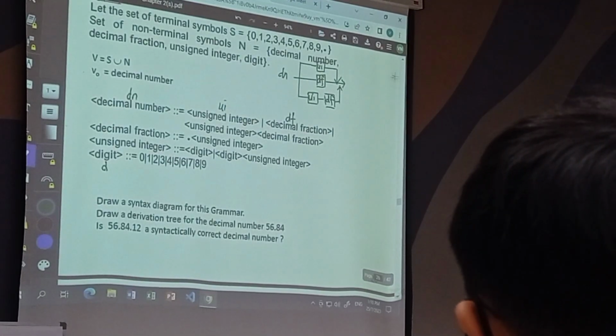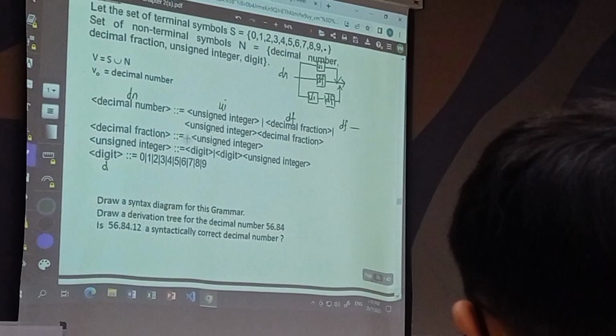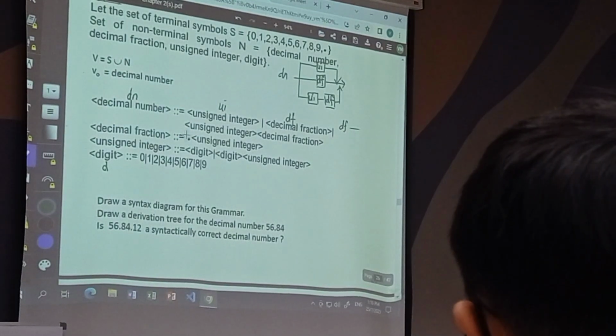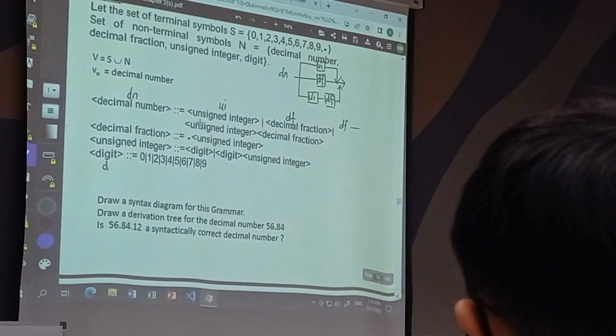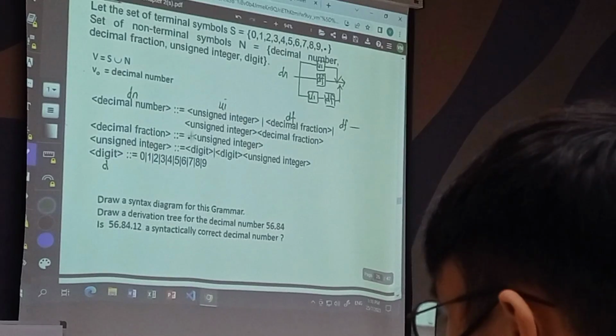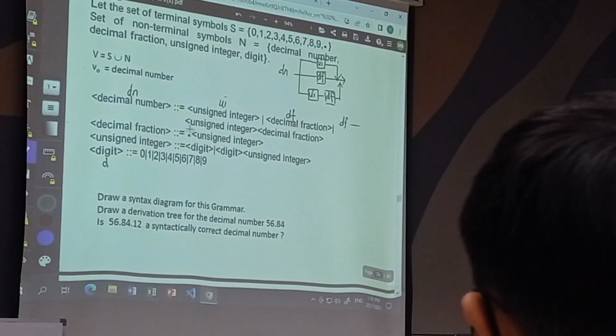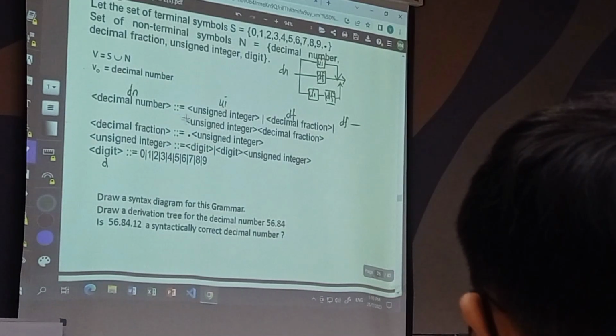And then for decimal fraction, we can draw another syntax diagram. Decimal point, is it a terminal or not terminal?